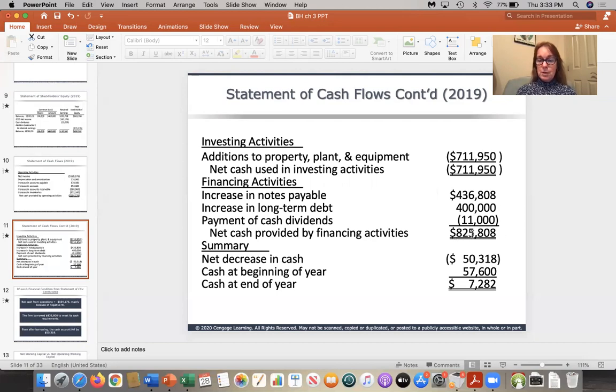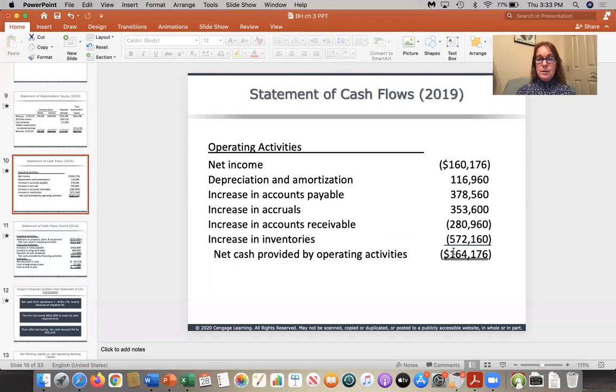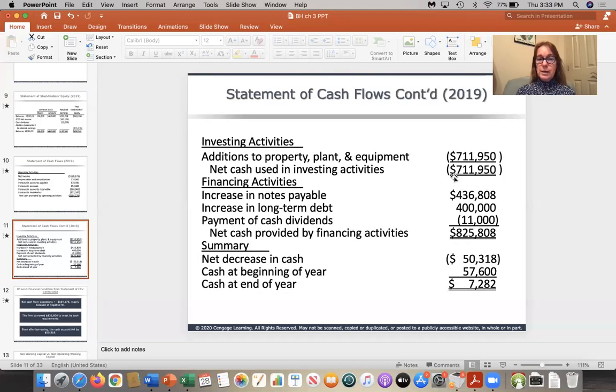Okay, so now we're going to take the net of these three activities. We're going to take negative 164,176, plus a negative 711,950, plus 825,808, and we end up with negative 50,318.